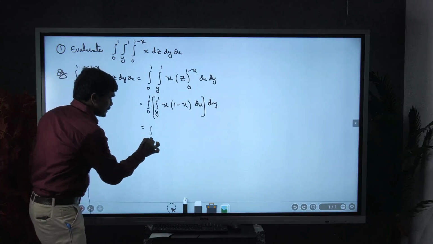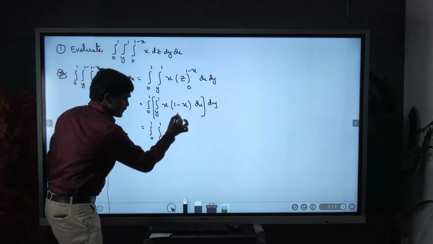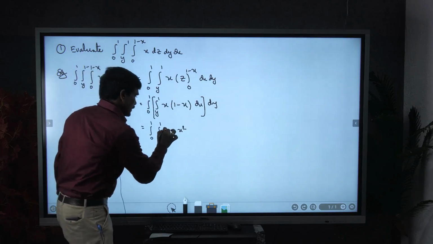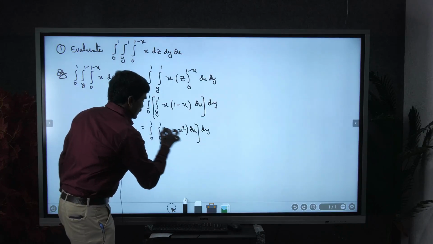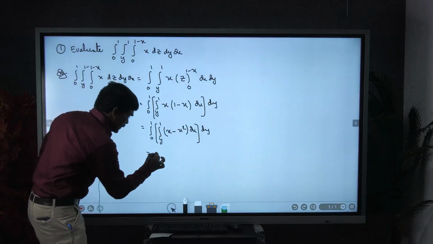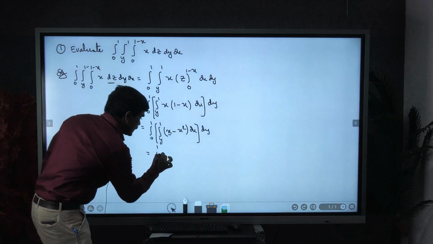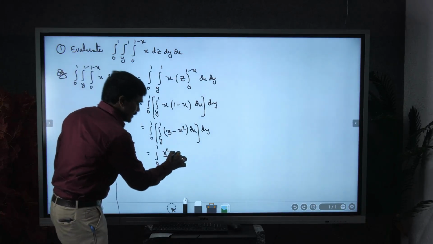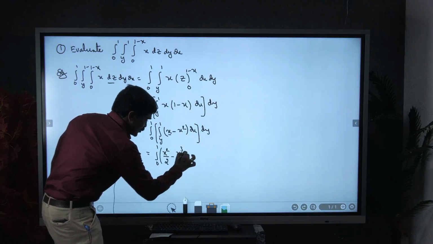Now integral 0 to 1, integral y to 1, of x minus x square, dx dy. Now integrate with respect to x. What is integral x? Integral x is x square by 2, minus x square integrates to x cube by 3. So the integration is over.